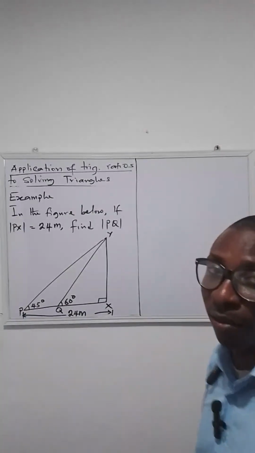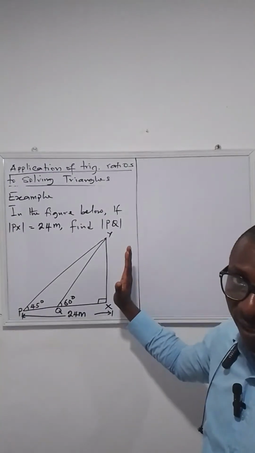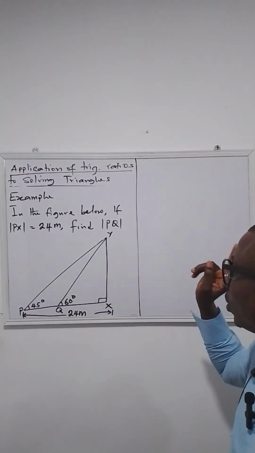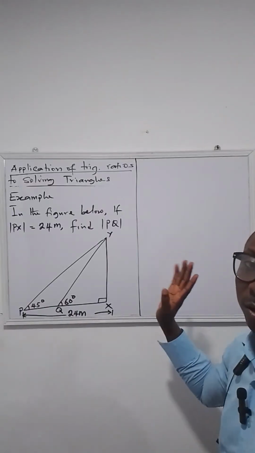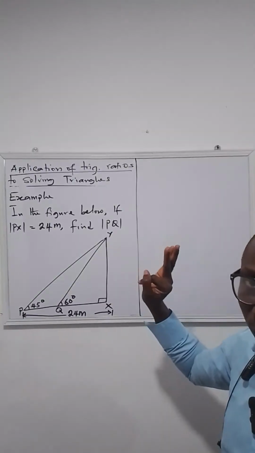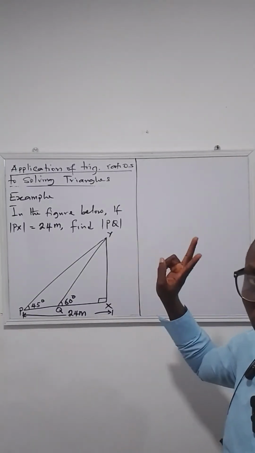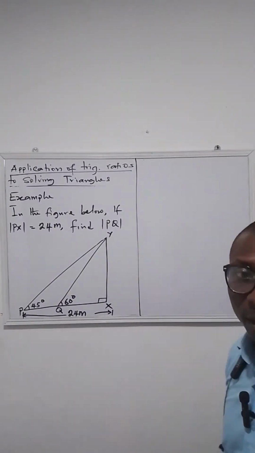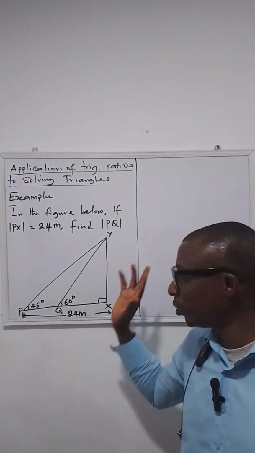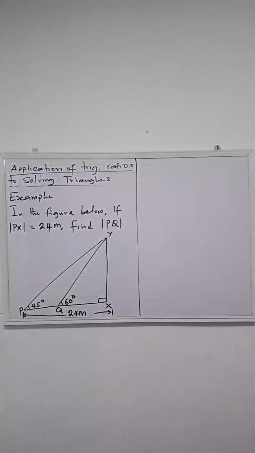Let me see if you actually understand what I've been explaining. In this figure, we have three triangles, but we have two right angle triangles.